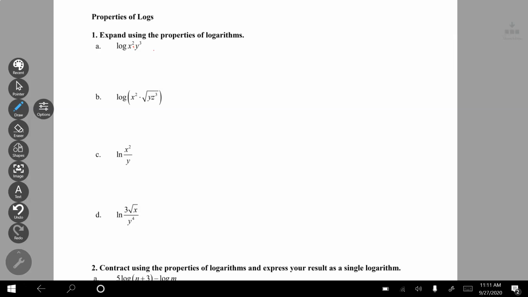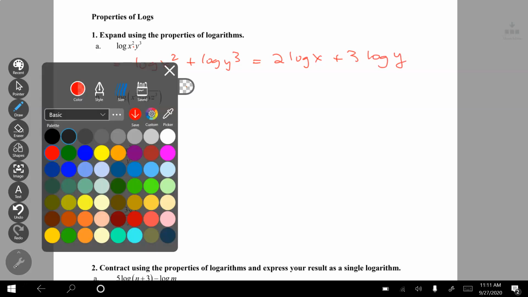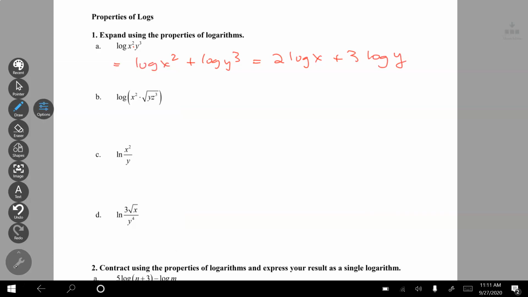So when I'm multiplying here, I can expand it as log of x squared plus log of y cubed. And these exponents come in front, so 2 log x plus 3 log y. This next one, multiplication, becomes log of x squared plus log of y to the 1/2, because that's what the square root is, plus log of z to the 3/2, because I have a cubed and a square root.